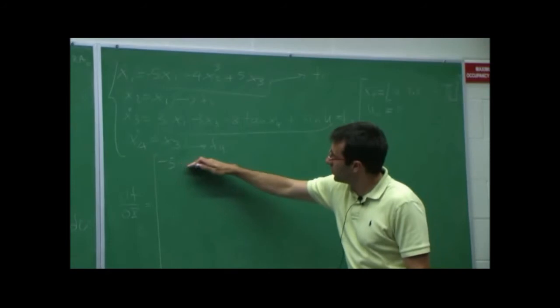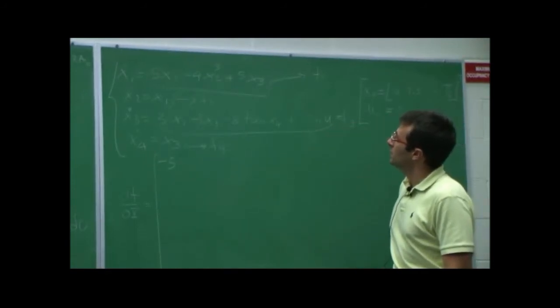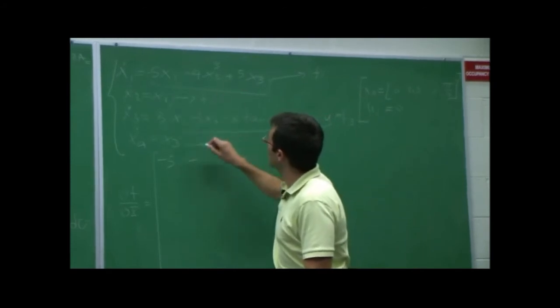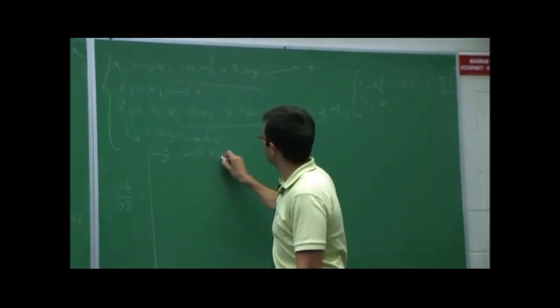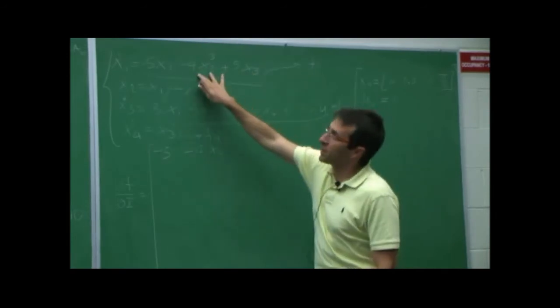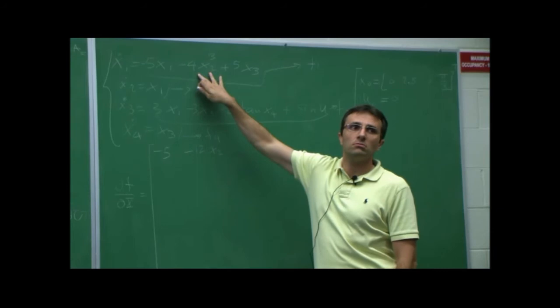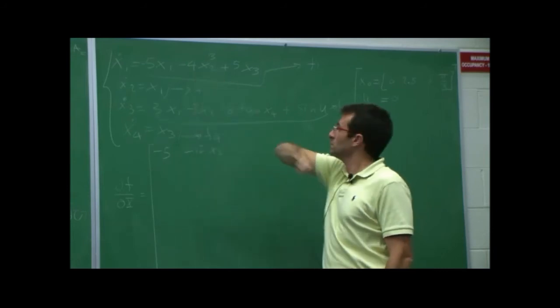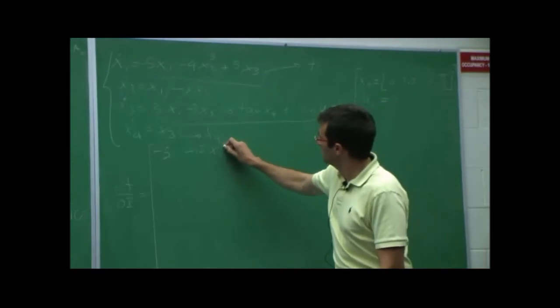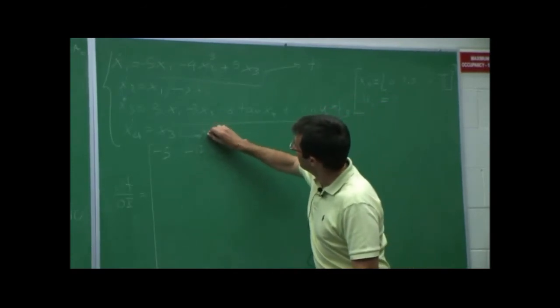Then I'm still on the first row here. So x2 is the second one. I have minus 12x2, partial of f1 with respect to x2. Make sense? If it doesn't, tell me. Should x2 be squared? Yes. Thank you. This is minus 12x2 squared.